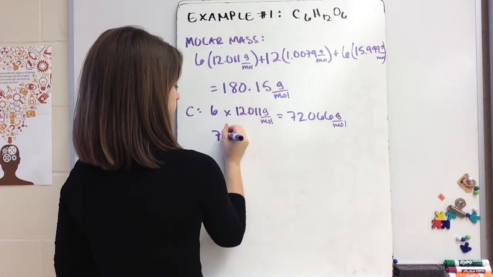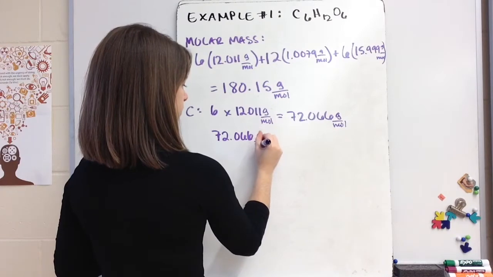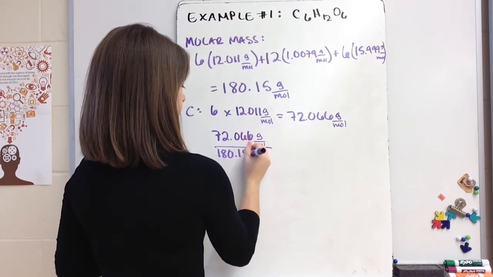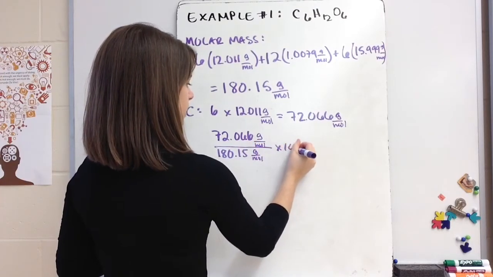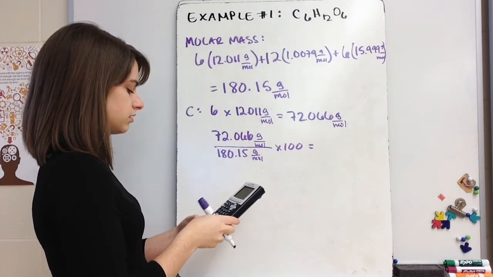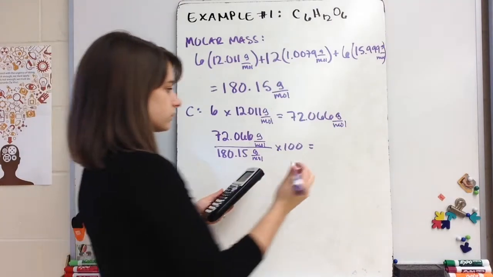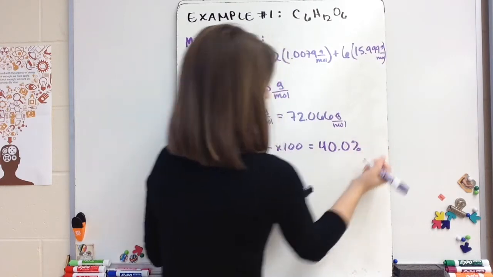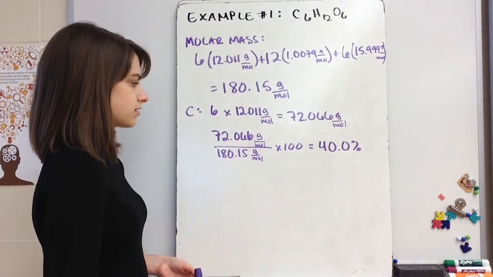So I'll do 72.066 grams per mole divided by 180.15 grams per mole, times 100. You can't forget that part because that'll get it into the percent. So in this compound, carbon makes up 40% of the mass.